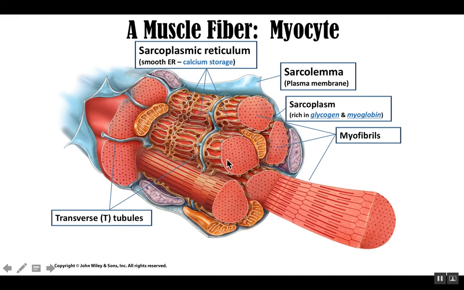So it's really, however these rods contract, that's how the single cell is going to contract. And then how a single cell contracts, you put many of those together, and that's how a muscle is going to ultimately contract.